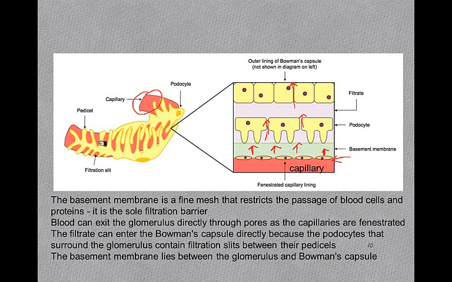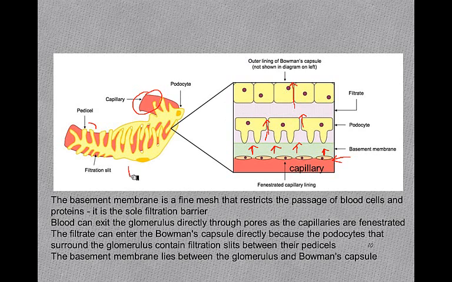So this is pretty neat. It's basically like a coffee filter, if you can imagine that. And this is the coffee. This is your filter, and when you're done is drinkable coffee, or in this case, urine that can be excreted.